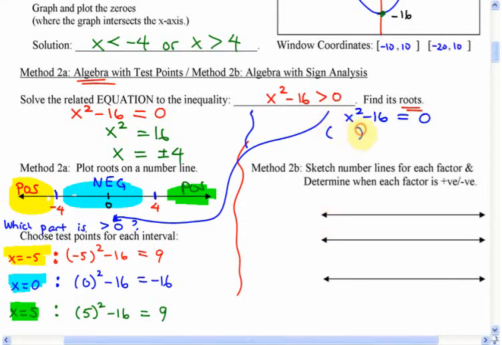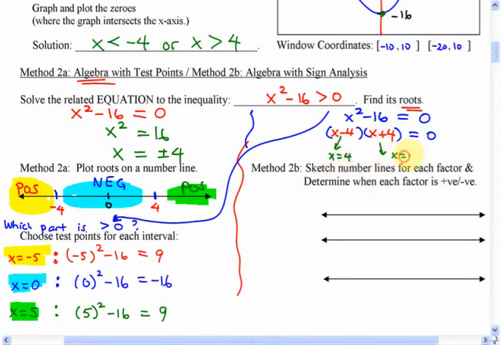Can someone suggest to me what x squared minus 16 factors into? Yeah, x minus 4, x plus 4. Good. Okay, now with this method, we're going to use these factors. By the way, this of course gives you x equals 4.